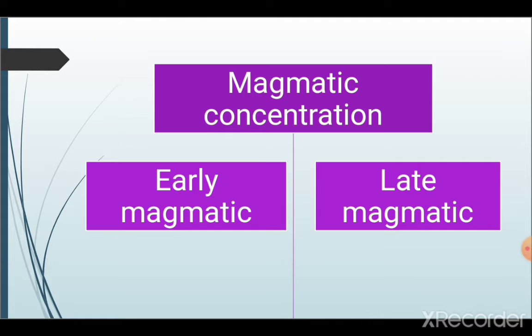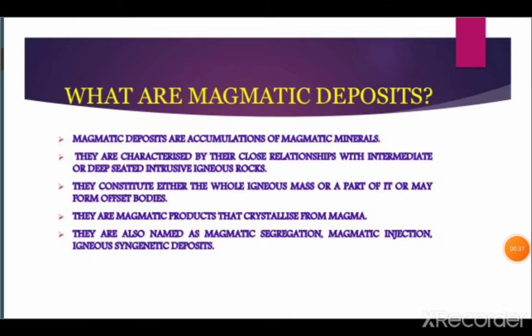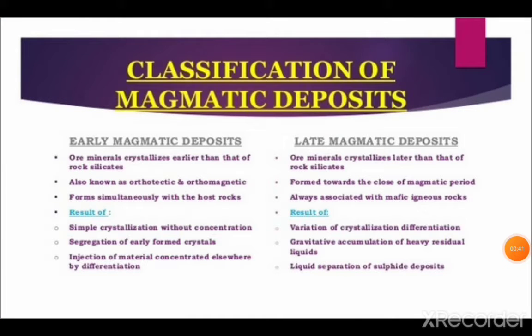These are divided based on their origin and temperature and pressure conditions. This is the difference between early and late magmatic deposits. The early magmatic deposits are formed in the early stages of the magmatic period. The late magmatic deposits are formed towards the close of the magmatic period.